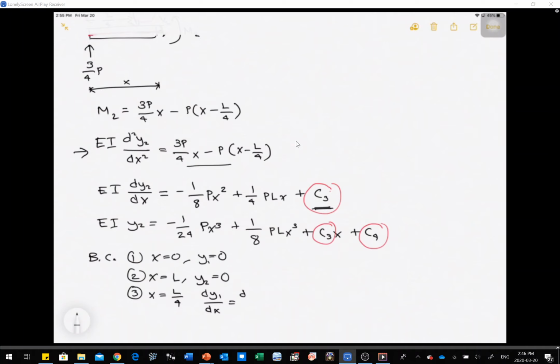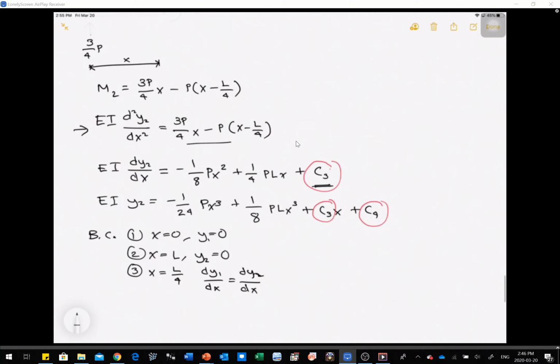So we have dy1/dx equal to dy2/dx. And we have a fourth boundary condition, which is at x is equal to L over 4. We have equal y1 and y2. So we have equal displacement of our left beam and right beam because we are talking about exactly the same point.